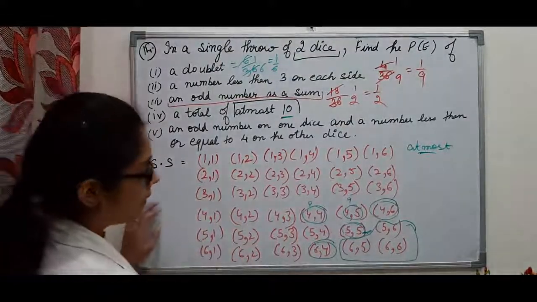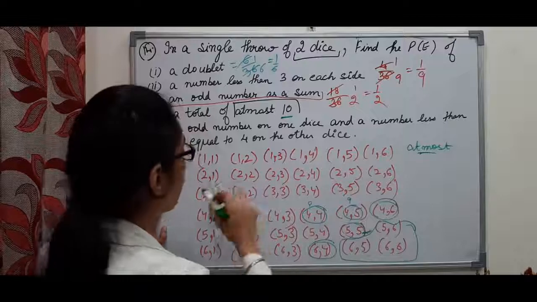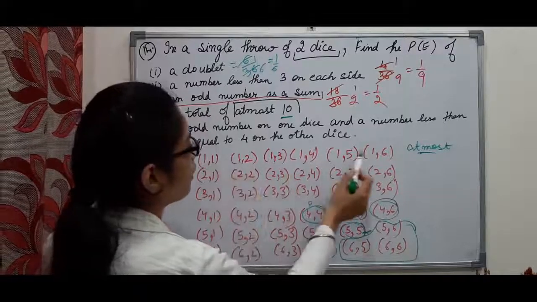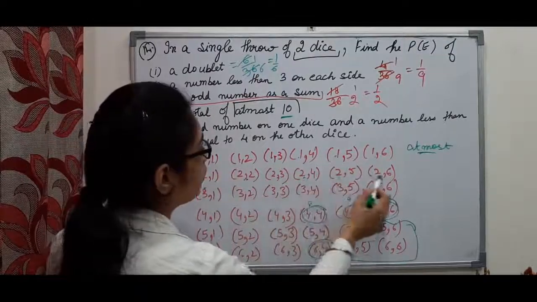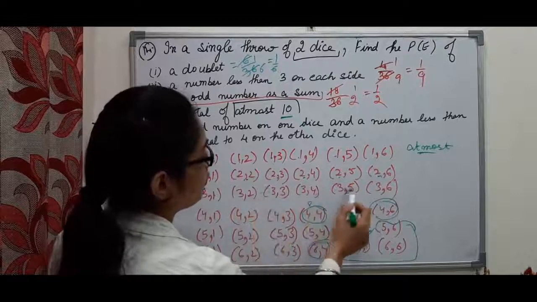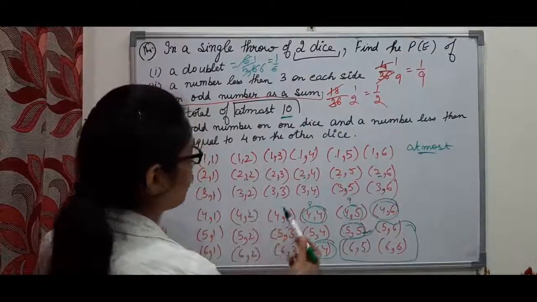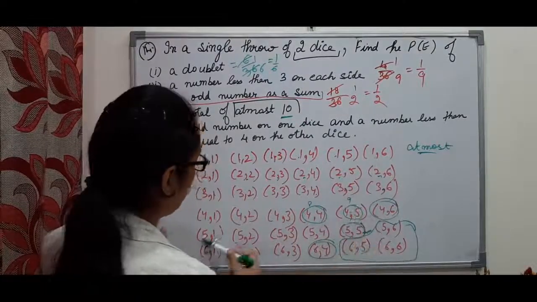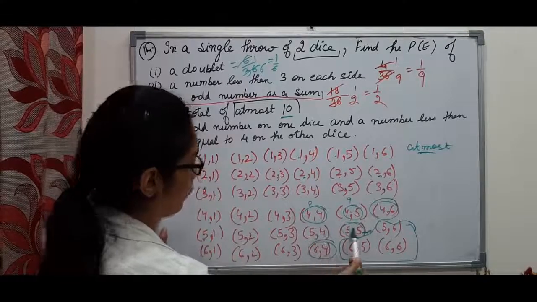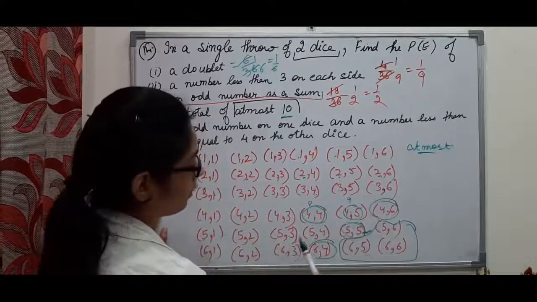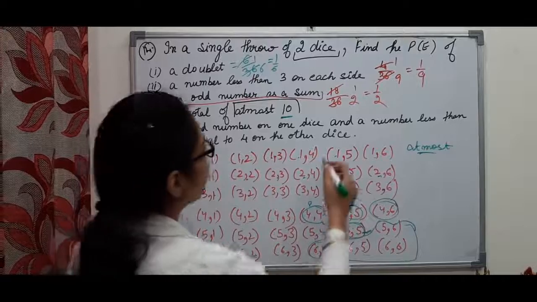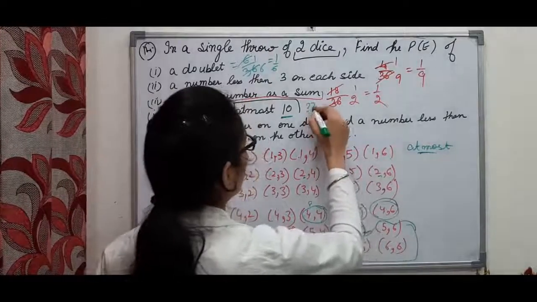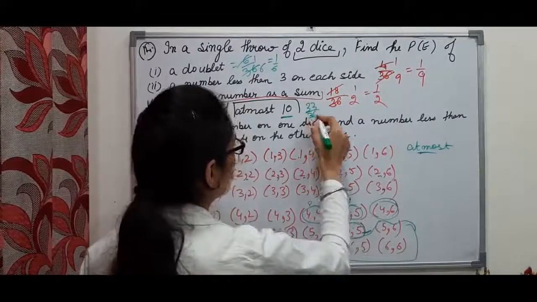So now we can count all the events: 1, 2, 3, 4, 5, 6, 7, 8, 9, 10, 11, 12, 13, 14, 15, 16, 17, 18, 19, 20, 21, 22, 23, 24, 25, 26, 27, 28, 29, 30, 31, 32, 33. So it will be 33 by 36.